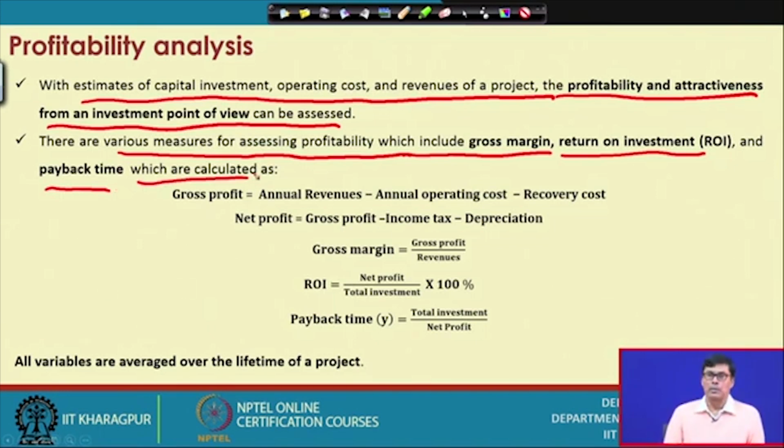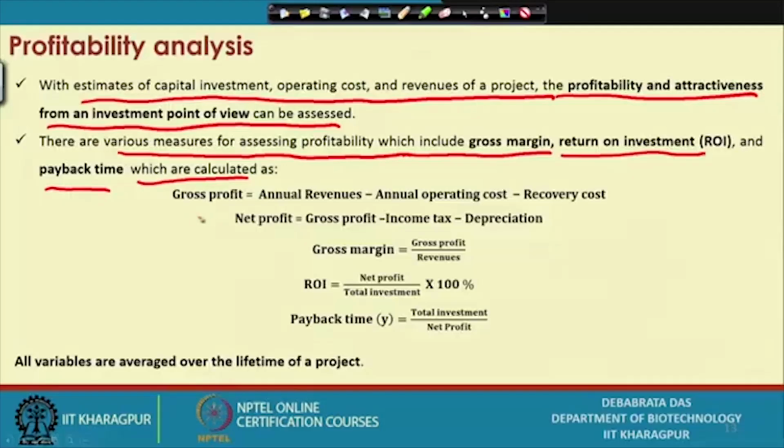As for example, when we go for any equipment, that particular reactor, we always find out the life of the fermenter. Suppose the life of the fermenter is 10 years. So, whatever money we spend for the fermenter, that is to be recovered within 10 years. That is very important.